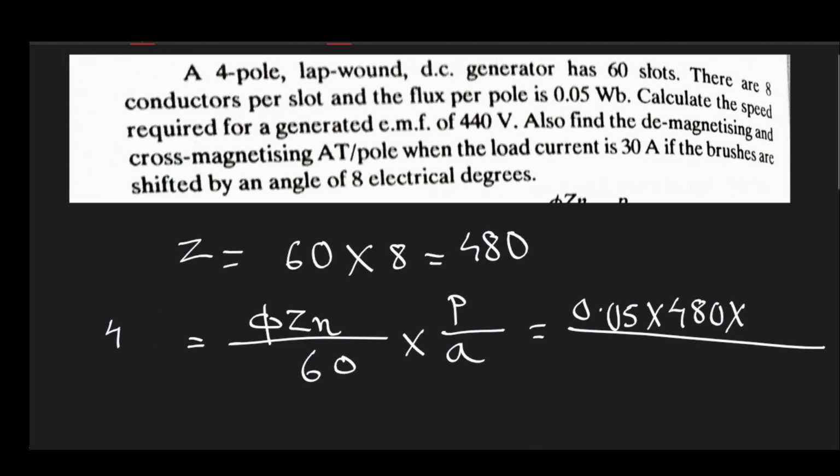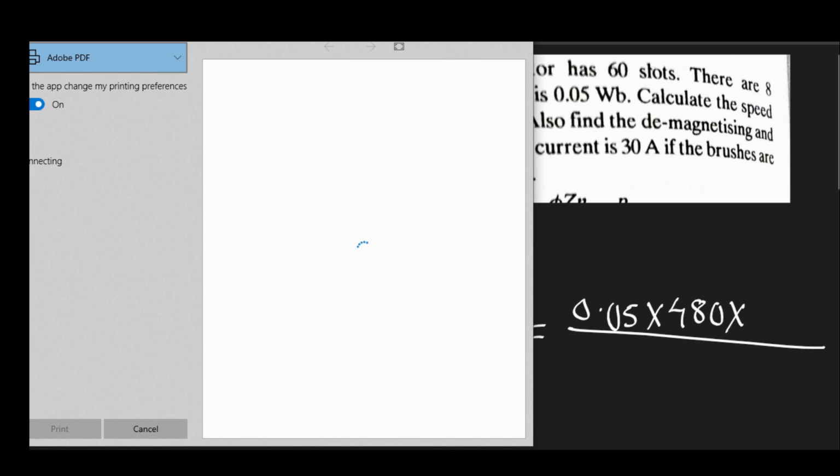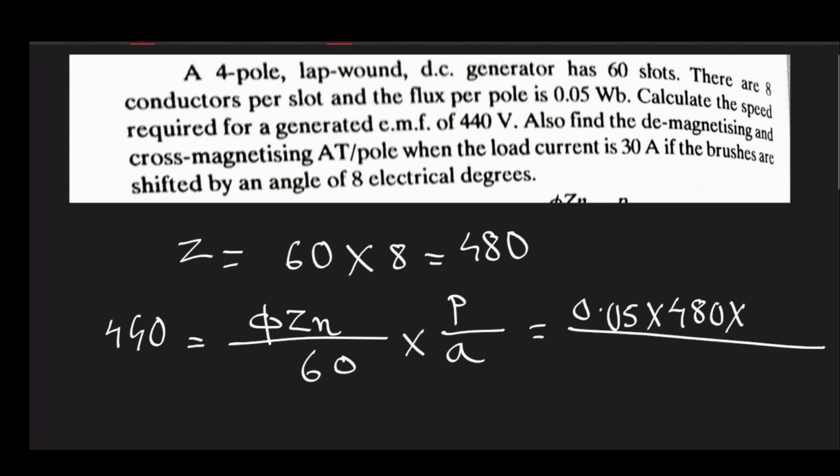So it is 440 equals ... into N into P is 4 by 4 into 60. So if you do transposition, you will get N is equal to 1100 RPM. Very high value. Okay.